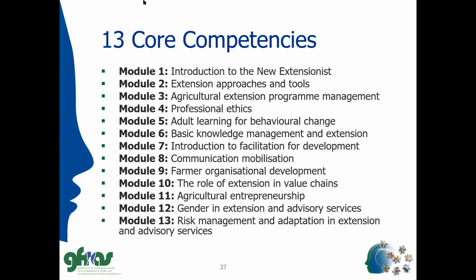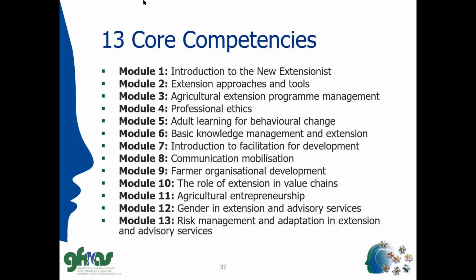Excuse me, sorry. So here are the 13 core competency modules that I've been talking about. We're not going to go into detail on each of these. I have a set of slides that describes all of these, and you can get a flyer that describes in more detail what's in all of these modules. Some of them are much longer than others. Modules 1 and 2 and number 4, the gender one, are all quite short.